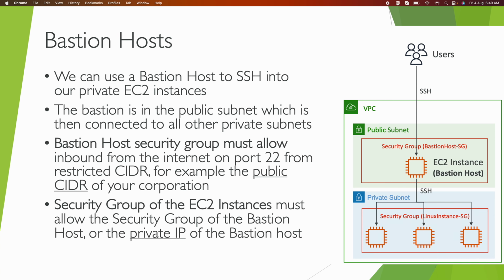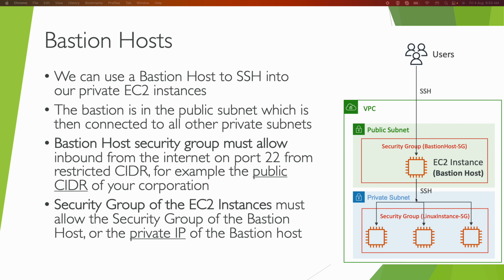So this is our public subnet, and inside this public subnet we'll create an EC2 instance, the Bastion host. This Bastion host is available and can be connected through the internet, and from this Bastion host we are able to connect to all other instances in the private subnet, because the public and private subnets are both in the same VPC.